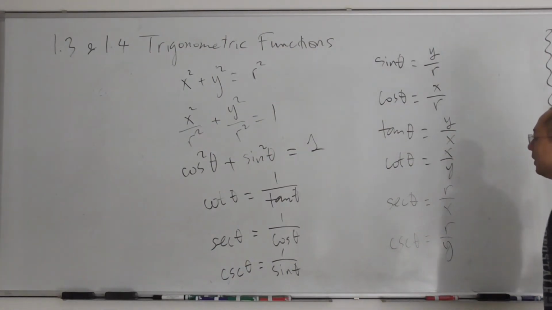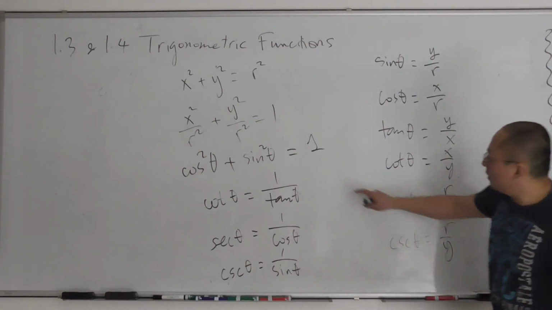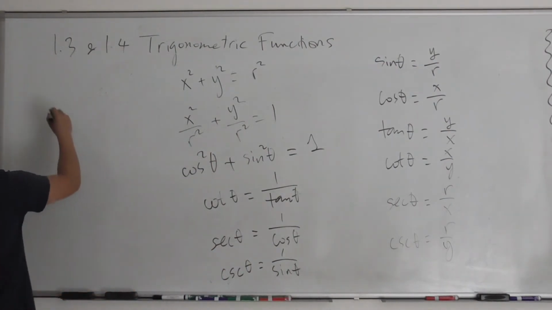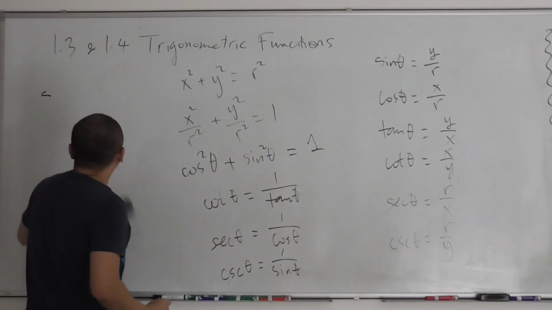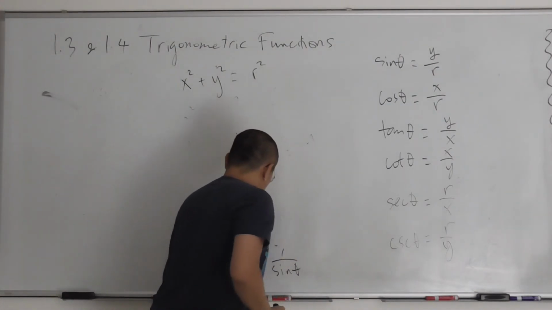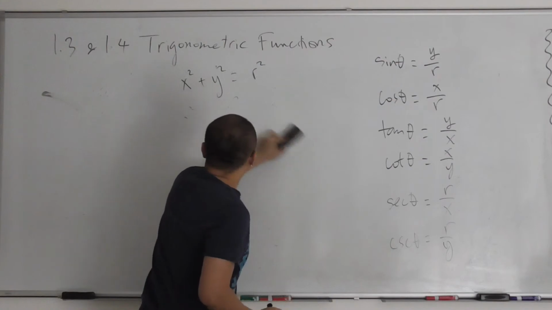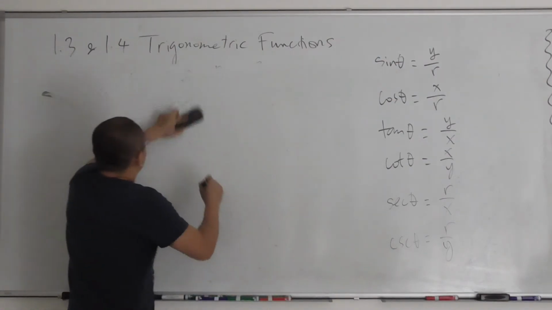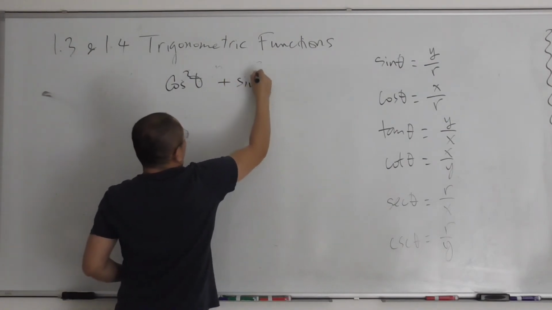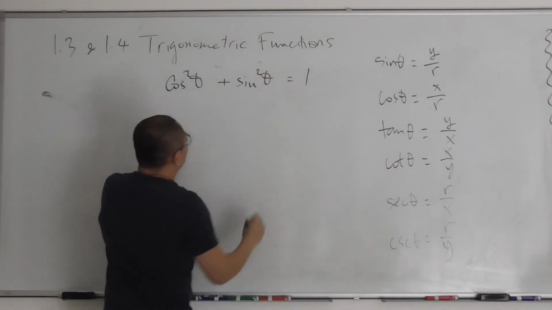Let me derive the formula a little bit more. Let's start from this. Cosine squared of theta plus sine squared theta equal to 1.